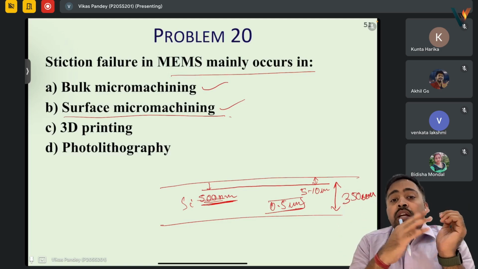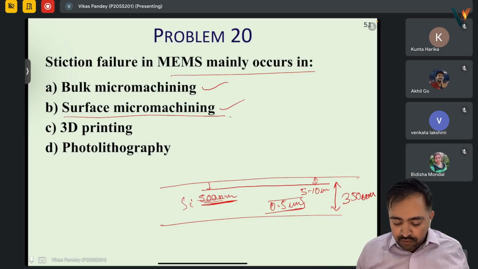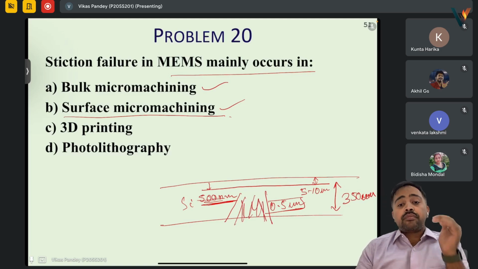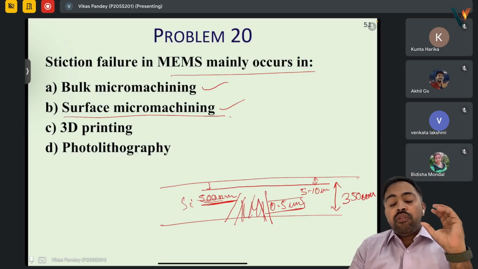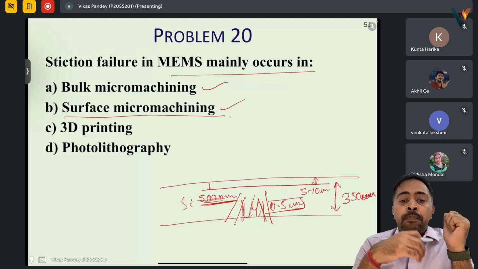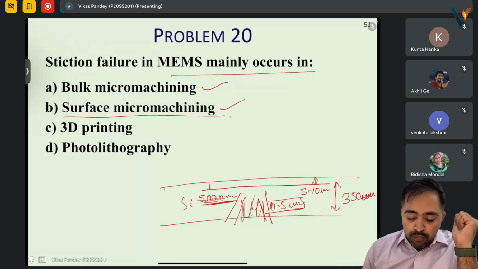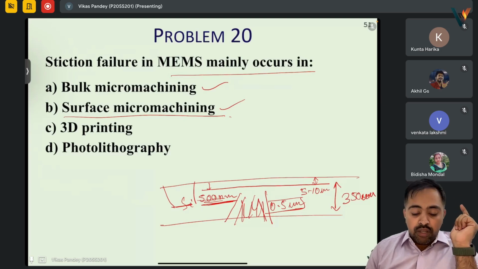When I talked about making a membrane today, everything from below is etched out. Such things, where we are removing a bulk of our substrate, or on the top we are making some trench, are called bulk micromachining.